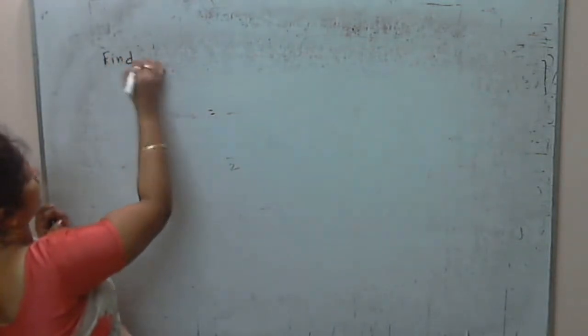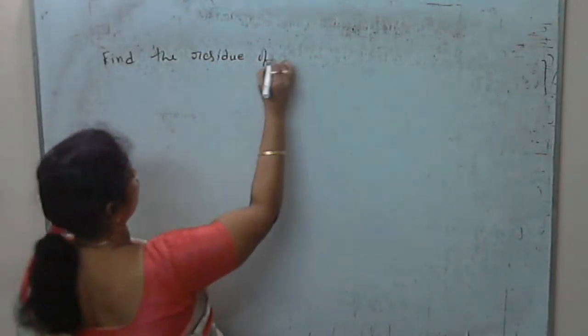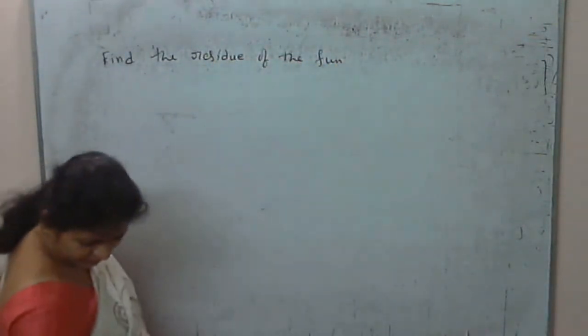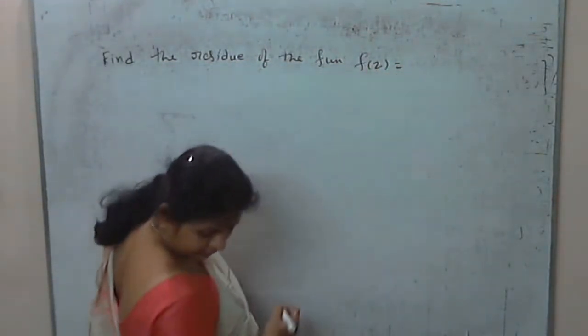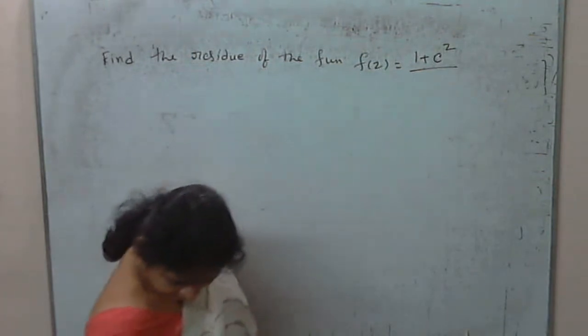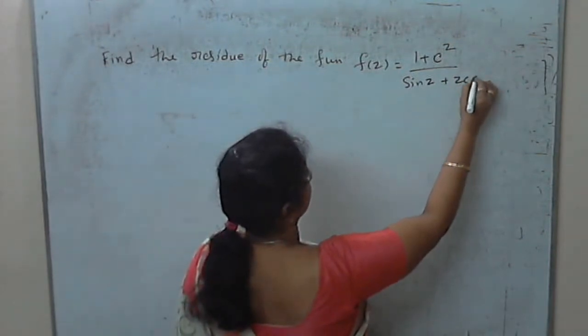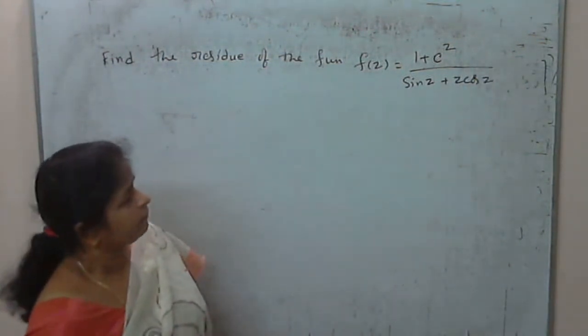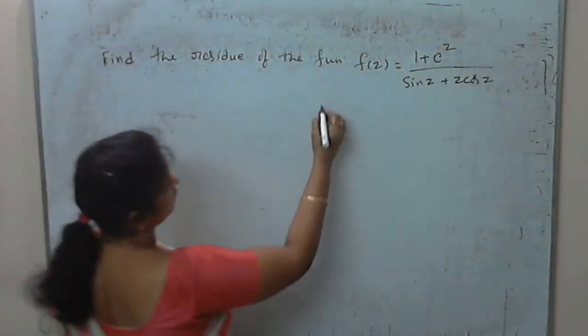Again we will go to one more example. Find the residue of the function f of z equal to 1 plus e power z by sin z plus z cos z at z equal to 0.